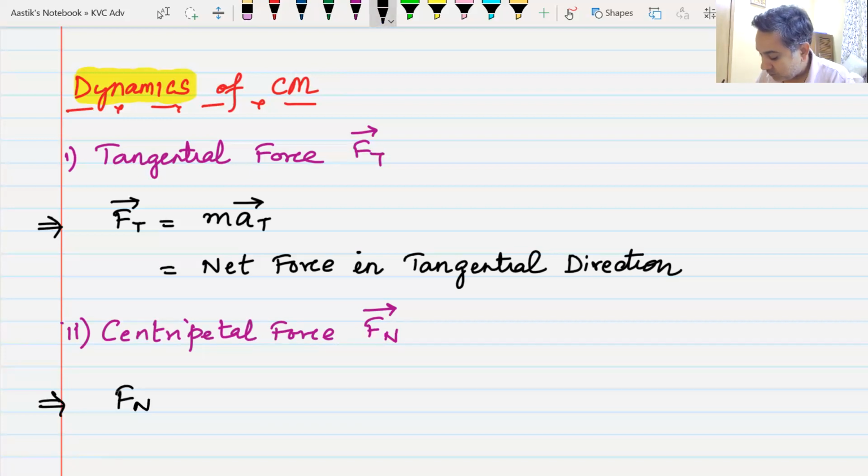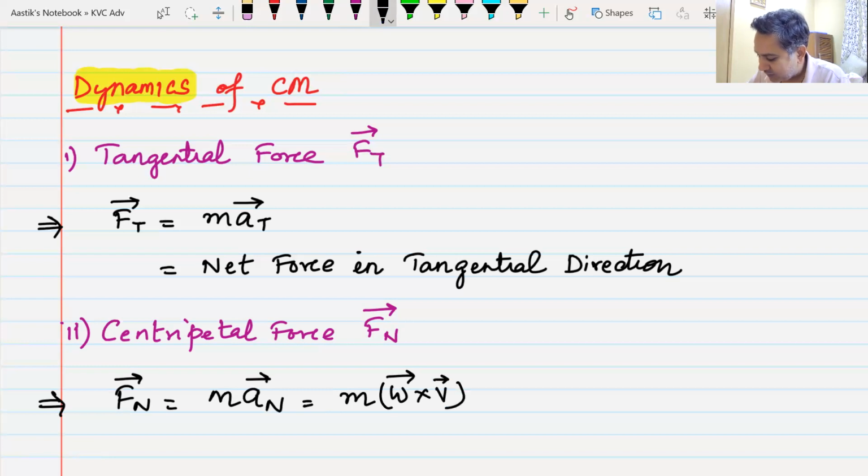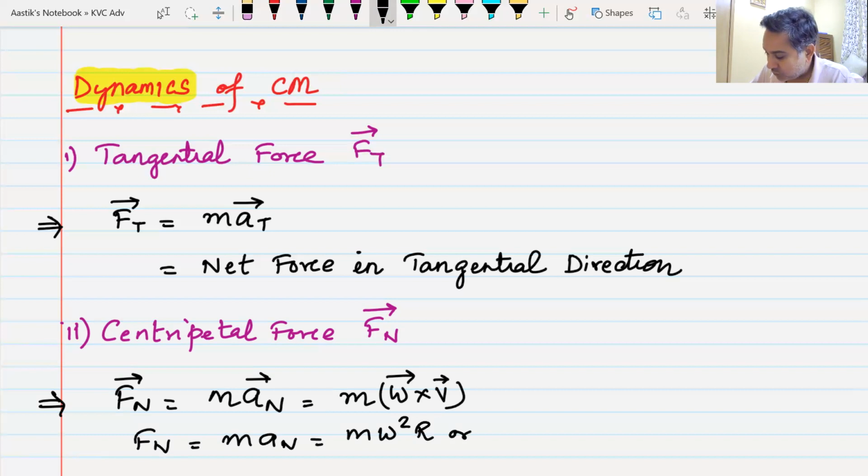This centripetal or normal force Fn will be equal to m into An. You can write it as m into omega cross v, but this is not the way it is normally written. If we just use the scalar formula, just talk about the magnitude, you can write it as m into An, that will be equal to m omega square r or m v square by r. Do we understand this? We normally talk about the magnitude.